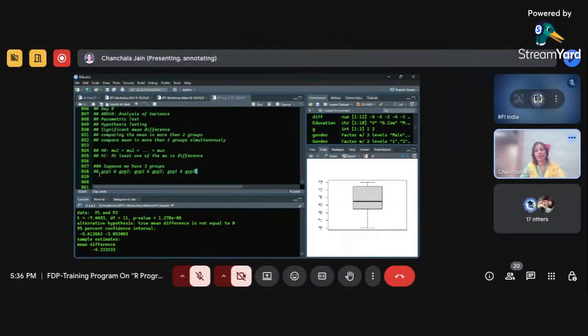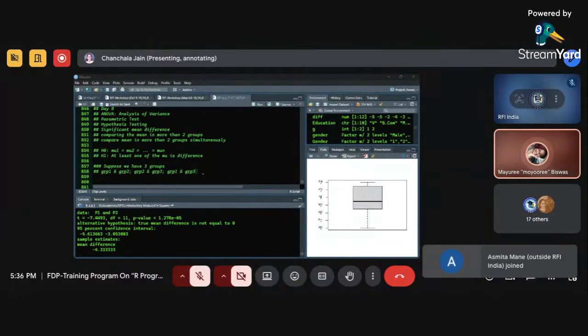So this is the kind of limitation which ANOVA presents before us. It only helps you say that there is a significant difference, but in which group that difference exists, whether in one group, two groups, three groups, or in all the groups, you cannot comment using the output of ANOVA. I hope you are getting it. That's why it is called an omnibus test.